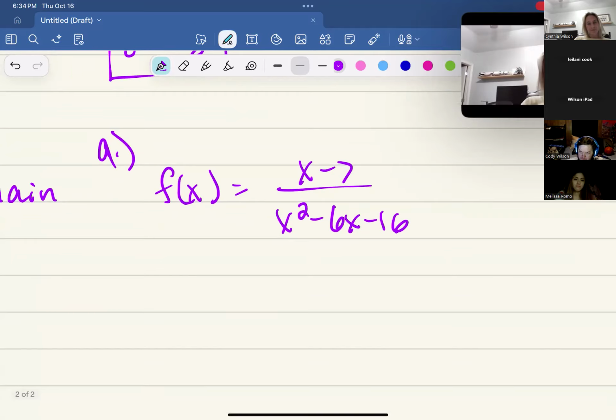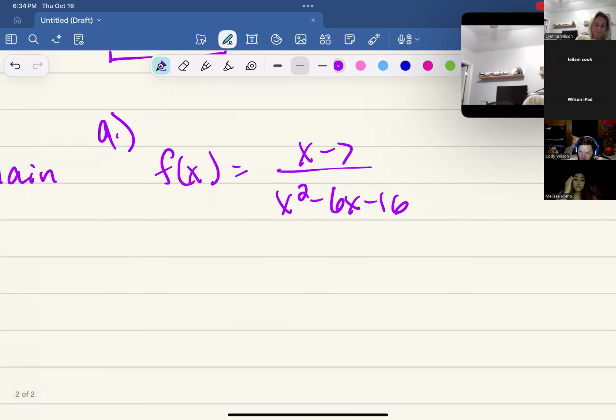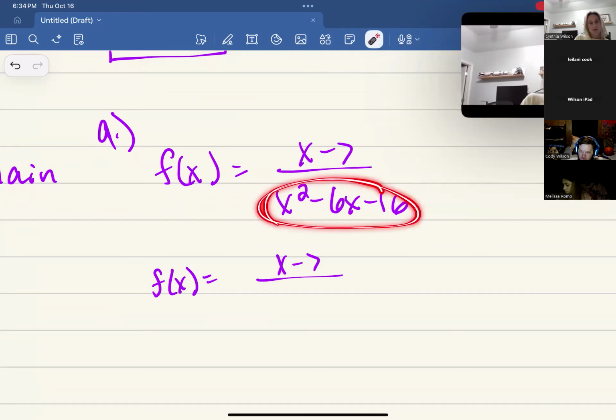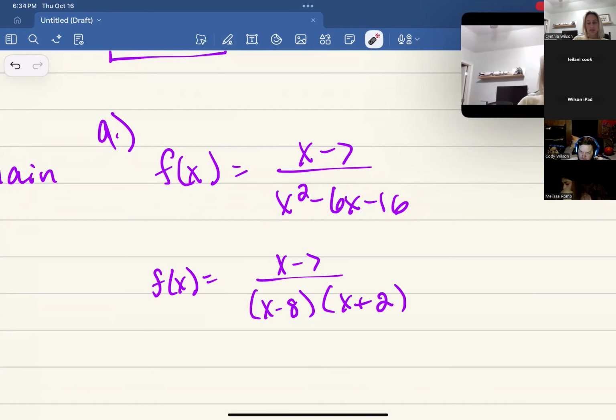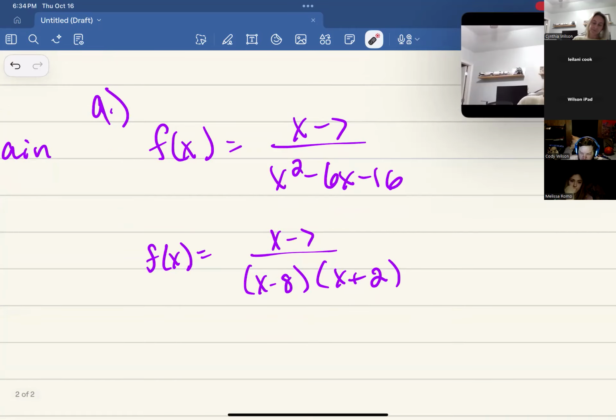So when it asks for the domain, you want to factor. So across the bottom, you want factor pairs of negative 16 that add to be negative 6. So that's going to be x minus 8 and x plus 2. And we do that so we can see if anything cancels. You should have the same binomial on top that you do on bottom for something to cancel. And that's not happening here.